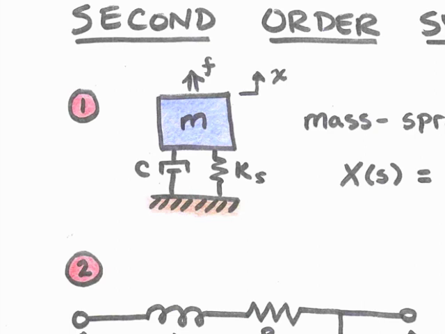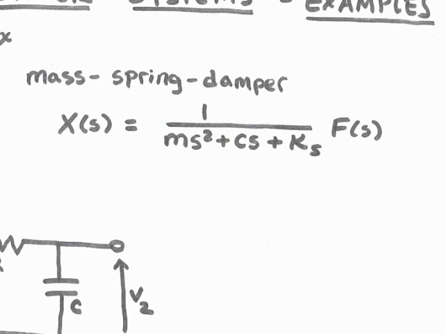The spring stiffness is denoted k sub s, the mass m, and the damping coefficient c. Then the transfer function for the mass spring damper system is 1 over m s squared plus c s plus k sub s. So you can see this is a standard second-order system.